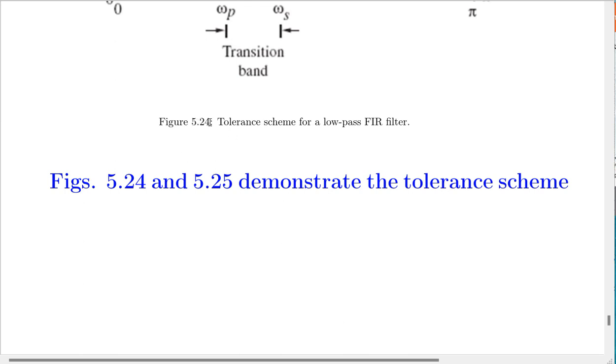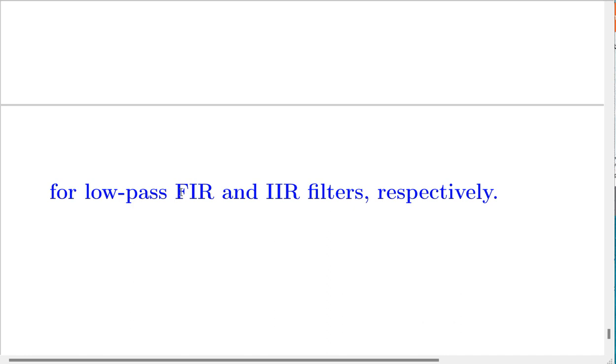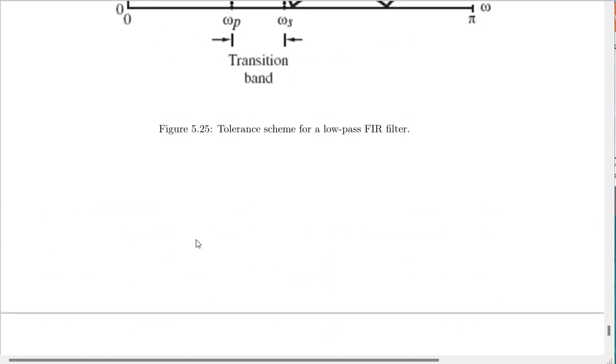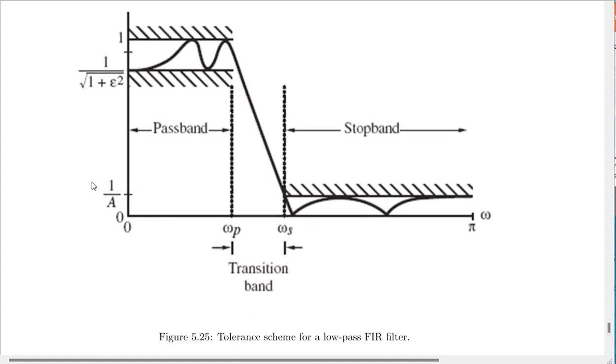Figure 5.24, we just explained it. And the next one demonstrates the tolerance scheme for low pass FIR and IIR filters respectively. What about IIR? The tolerance scheme somehow differs from FIR. Here you see the top is called a normalized one, and the bottom inside passband, of course, is equal to 1 over square root of 1 plus epsilon to the power of 2.